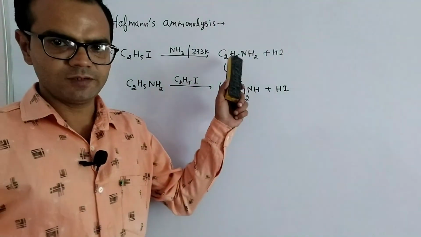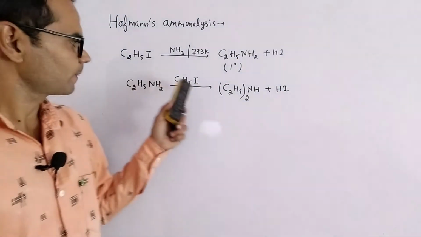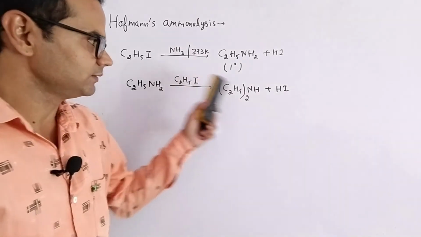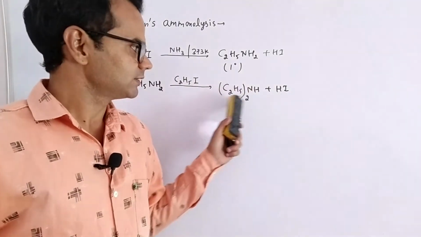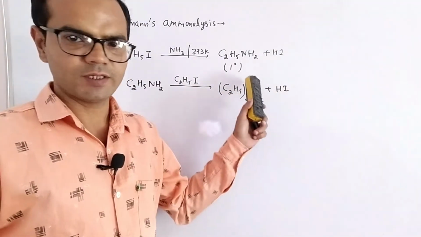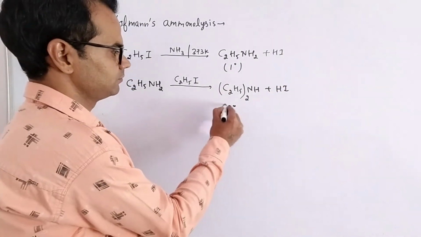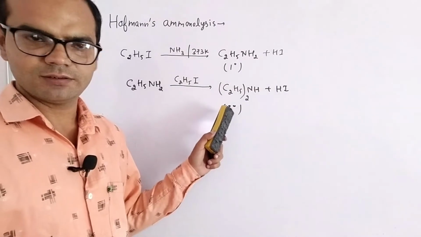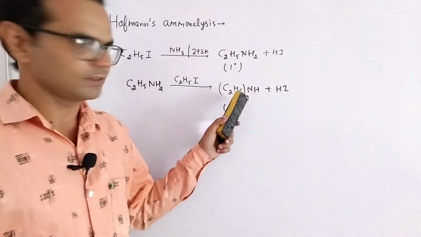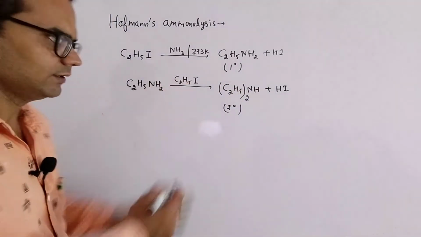So the primary amine formed, it further reacts with the alkyl iodide to give secondary amine, plus byproduct is hydrogen iodide. So this is secondary amine. Now this secondary amine again further reacts with the alkyl iodide.